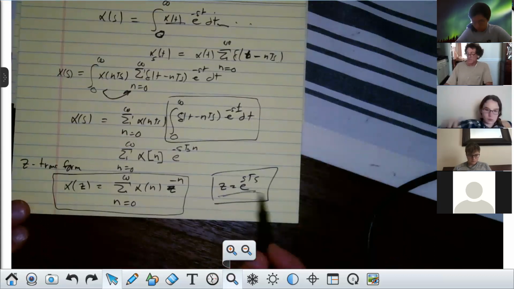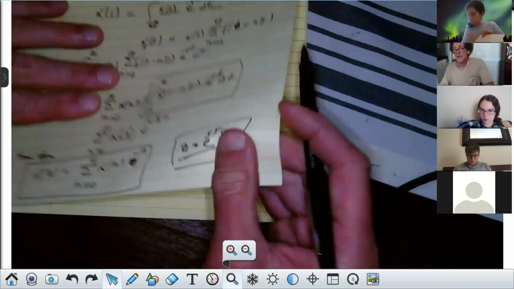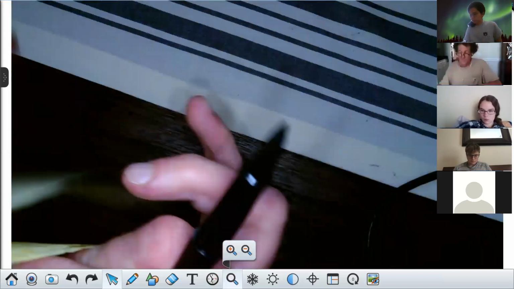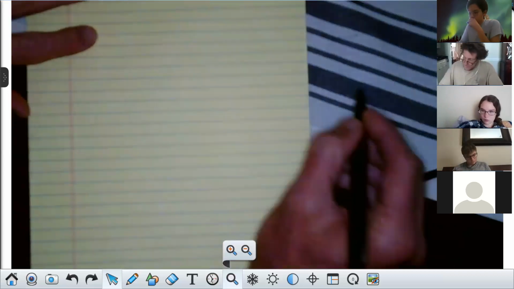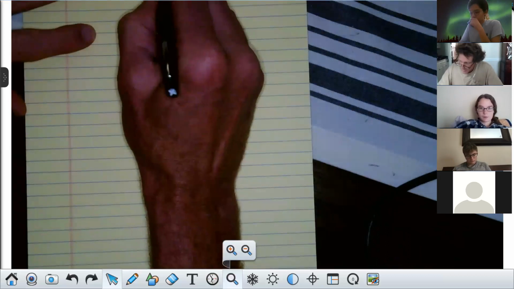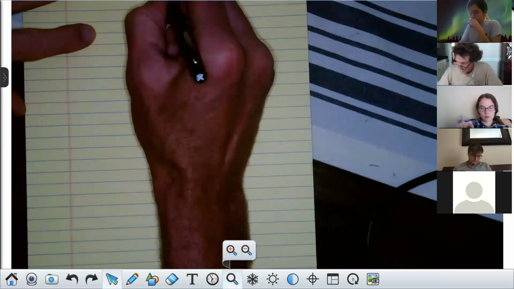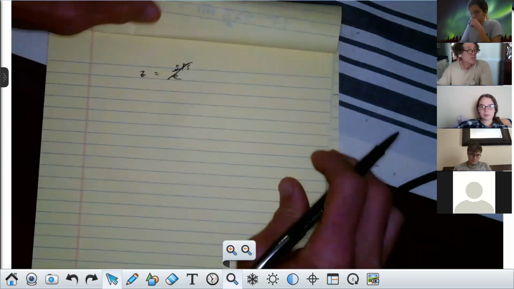I'm going to talk about this for a second, okay? I got to turn the page. So what is z exactly? What does it look like? If you look at z, it is equal to e to the sTs, right?